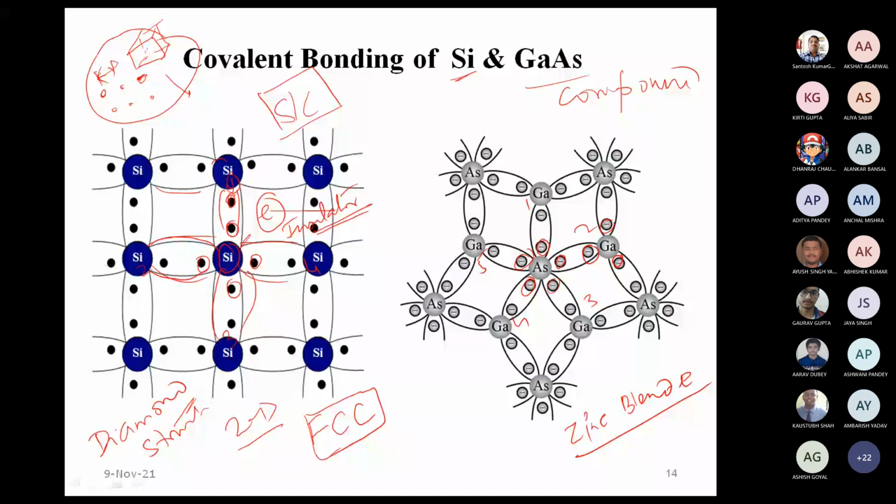Again we can see that there is no free electron. So in this form, even gallium arsenide will act like an insulator.